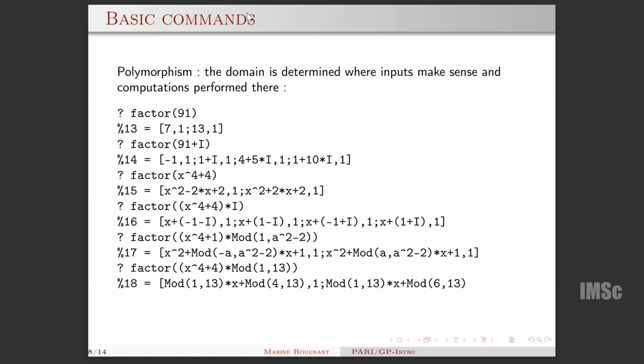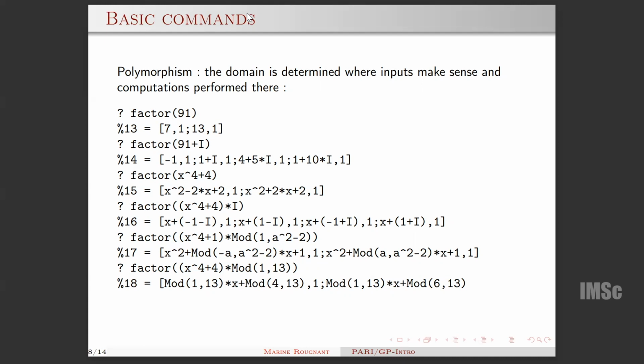Here, 91 is 7 to the 1 times 13 to the 1. So it's made in Z. If you want to factor a complex number, it will give you this one. So here you are in Q plus Q of i. If you want to factor a polynomial with integer coefficients, it will give you some factors with integer coefficients. The same with complex.